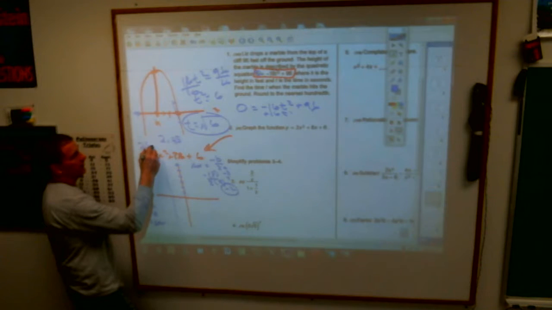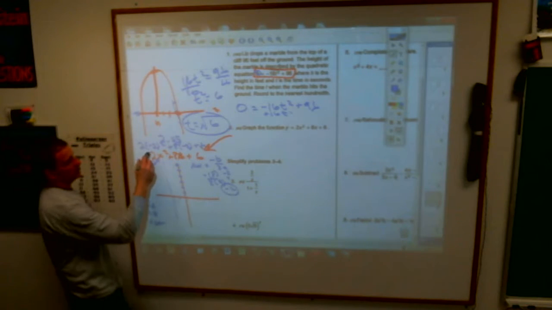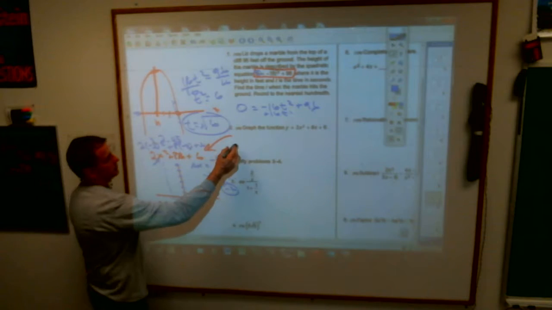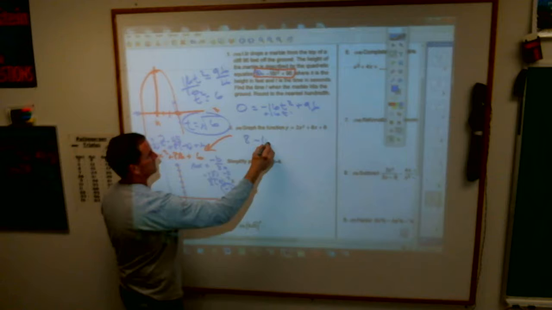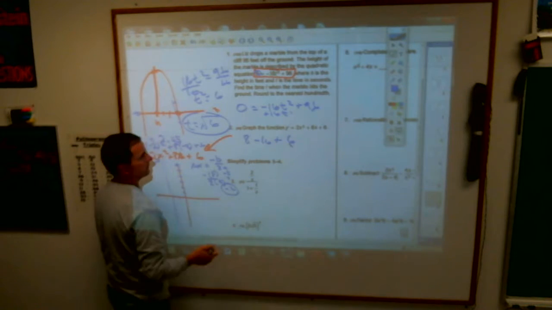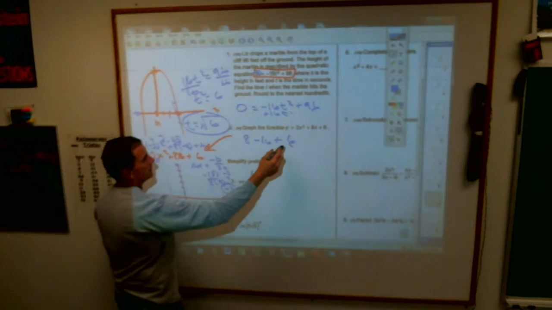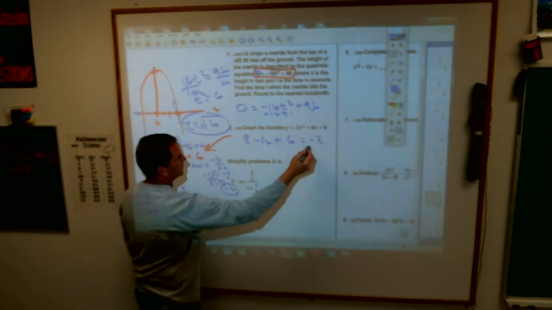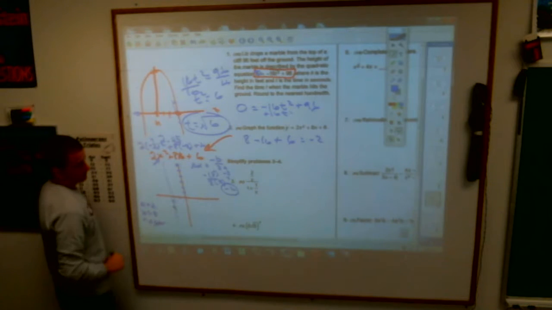So 2 times negative 2 squared plus 8 times negative 2 plus 6. Well, you get 4. 4 times 2 is 8. I really should be doing this on a bigger piece of paper. 8 minus 16 plus 6. Doing the math there, you end up with y is negative 2. So here at negative 2 is your min.